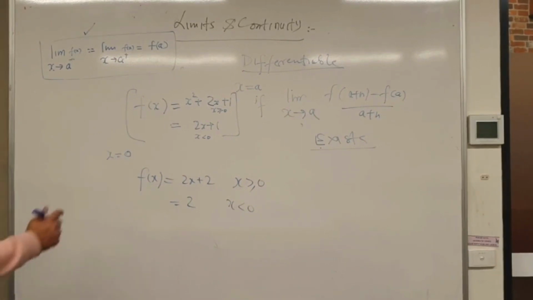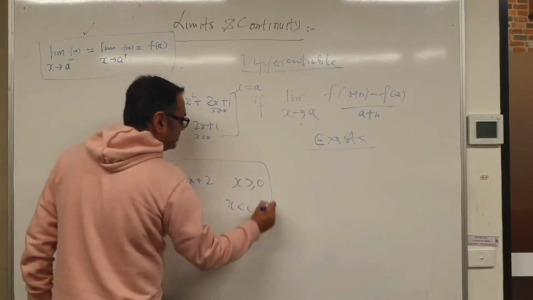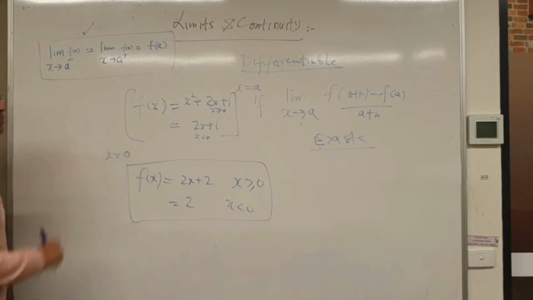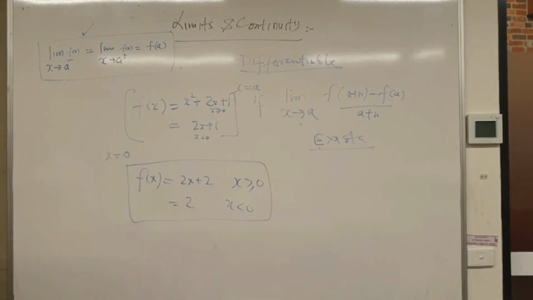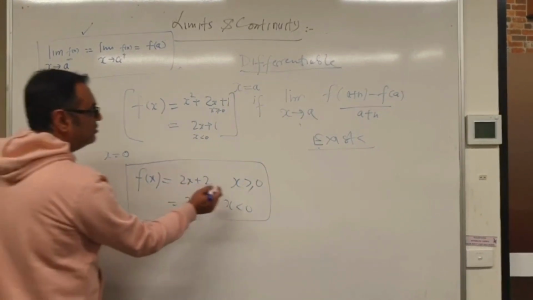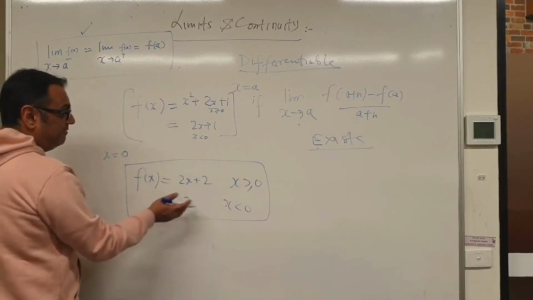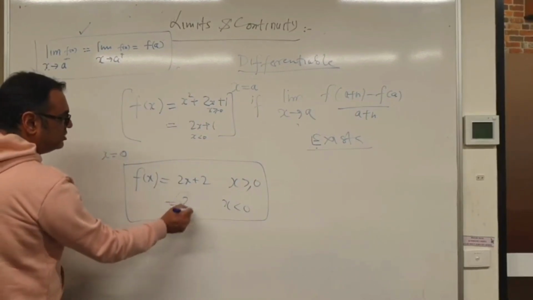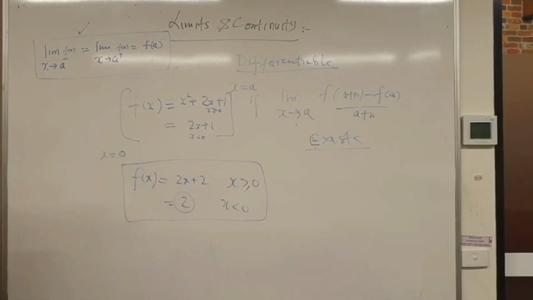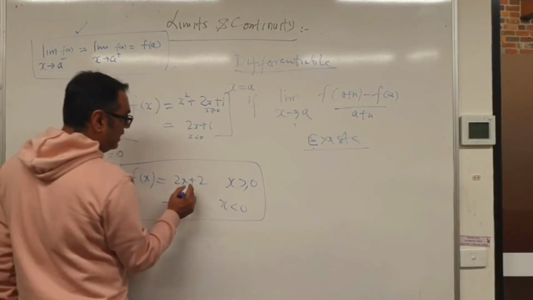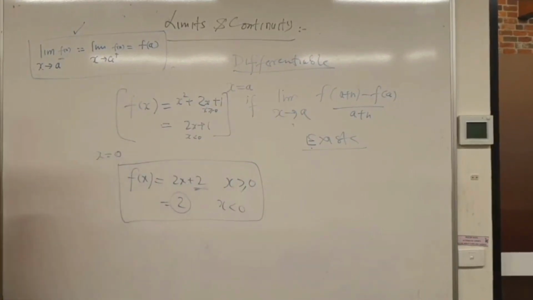Now you check the continuity at x equals 0. If I plug in the left limit, the answer is 2. If I plug in the right limit, the answer is 2 again, right?